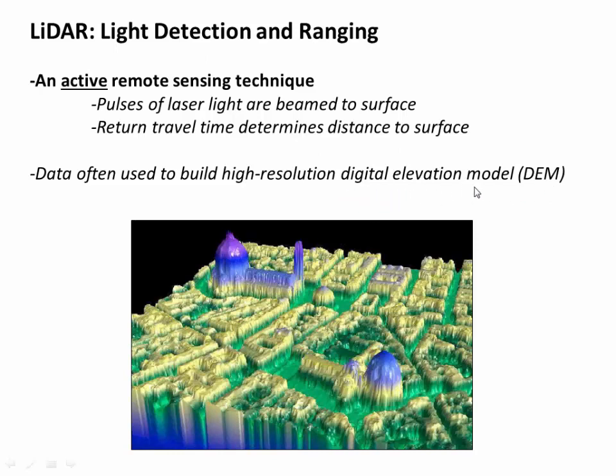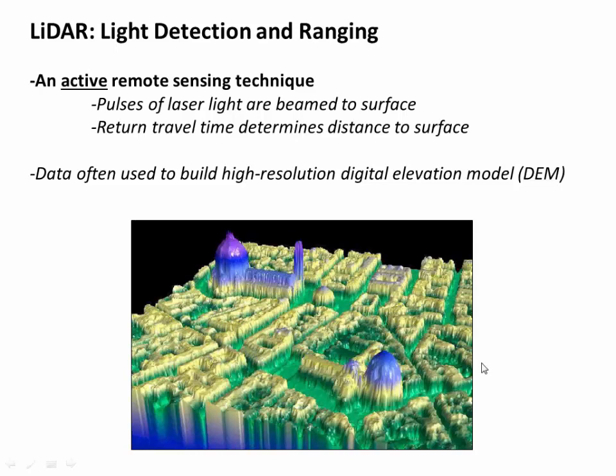Now, a digital elevation model is basically just a raster or a grid of elevation values that can then be rendered by a computer to show topographic relief or show a landscape. In this case, this is a very high-resolution LiDAR image of Paris.